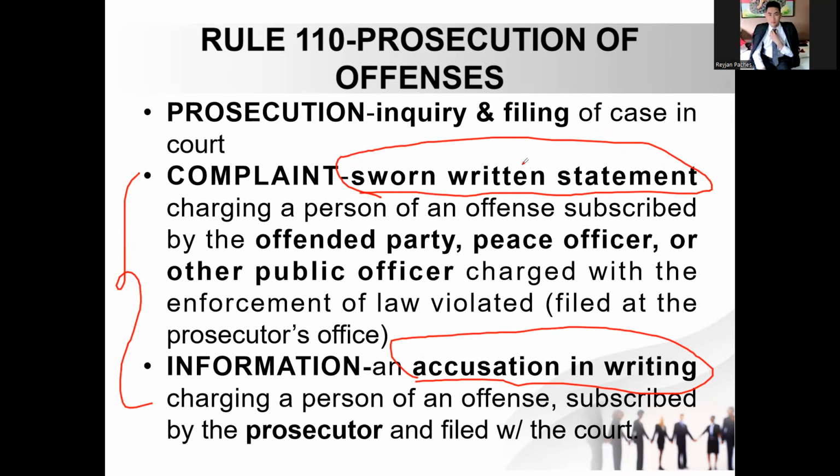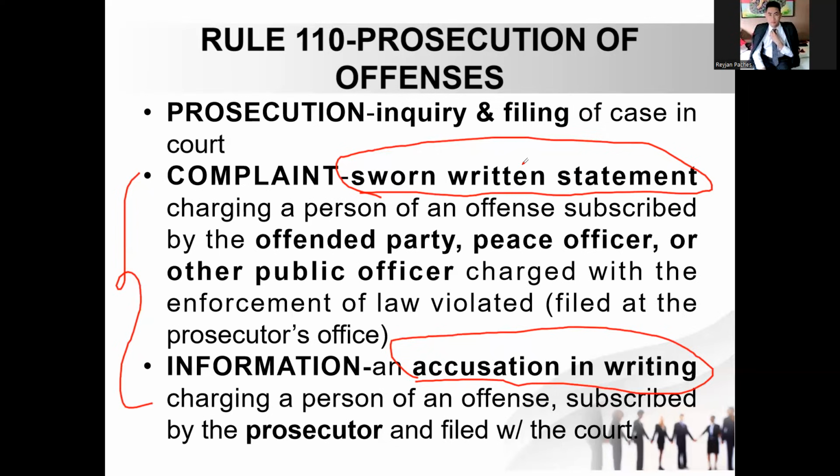Then ang information naman class, iisa lang yung nagsusubscribe dyan, or isa lang yung nagsasign under the information. Of course, walang iba, si tinatawag natin na prosecutor. Ulitin natin. Ang complaint class, pinafile natin yan ngayon sa prosecutor's office, while the information class, pinafile natin yan sa korte.